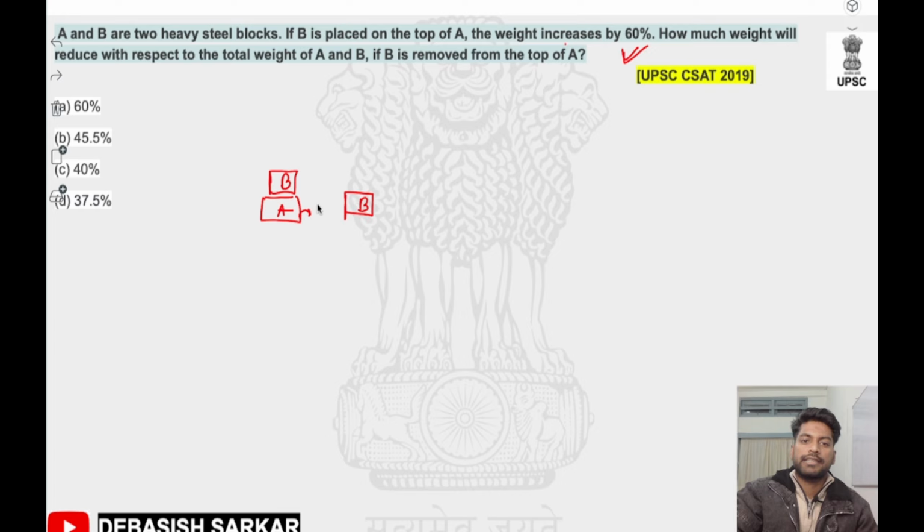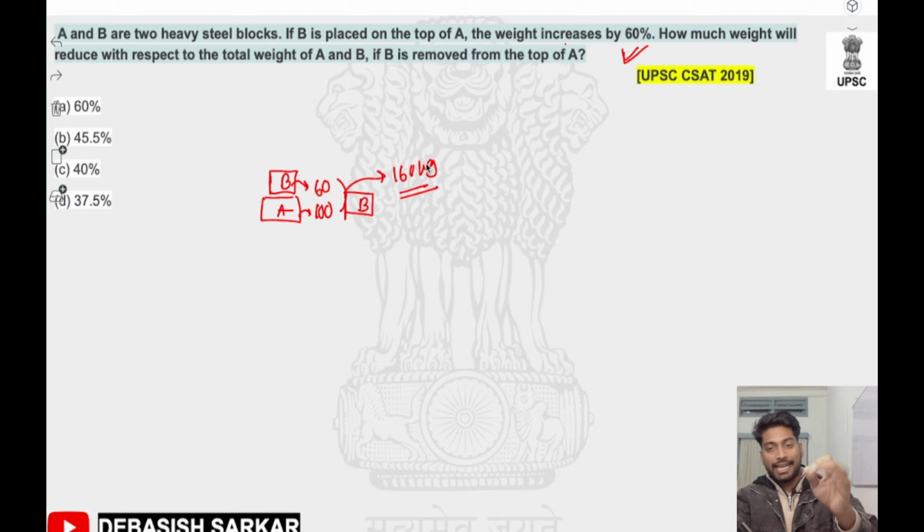Assume A has 100 kg and it increased by 60%, so it will be 60 only. So total weight हो जाएगा आपका 160 kg. देखो, suppose A has the weight of 100 kg and after putting B it got increased by 60 kg. It means 60 बढ़ गया है, out of 100 it will be 60. So total weight now 160 kg after putting that.